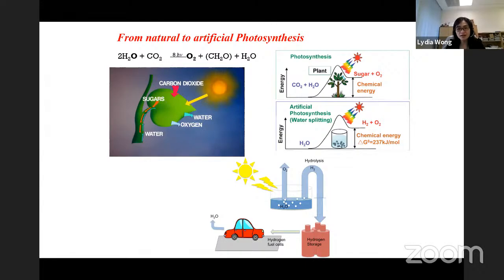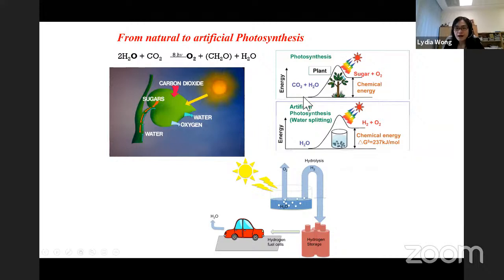artificial photosynthesis process. So what we are trying to do is mimic what the leaf can do very well, which is to convert CO2, carbon dioxide, sunlight, and water into sugar and oxygen, carbohydrate and oxygen, right?